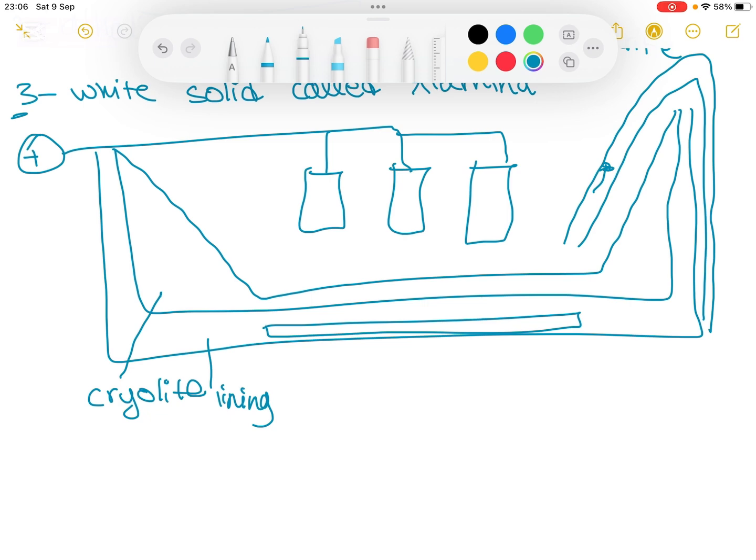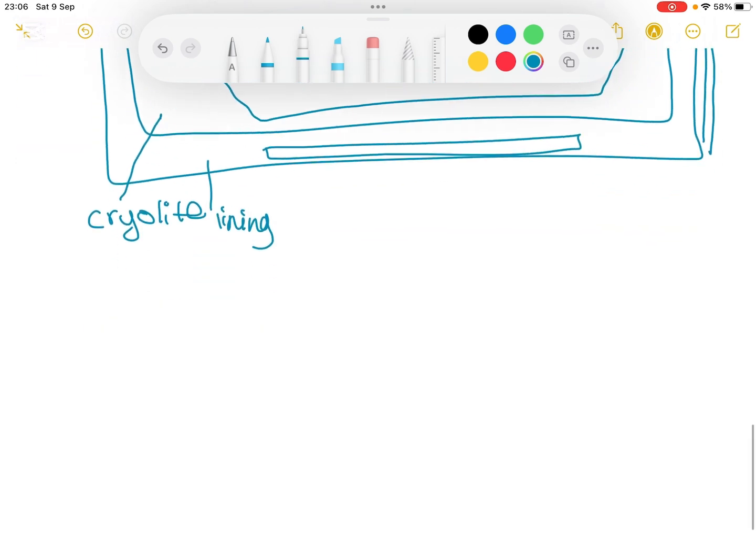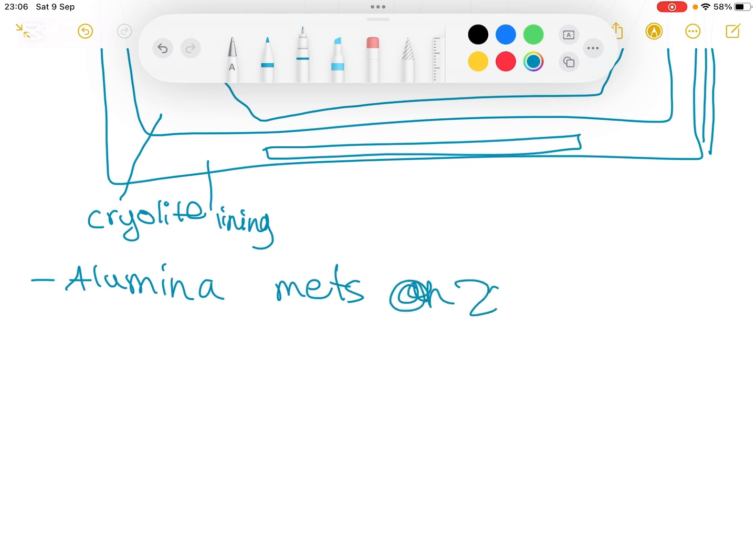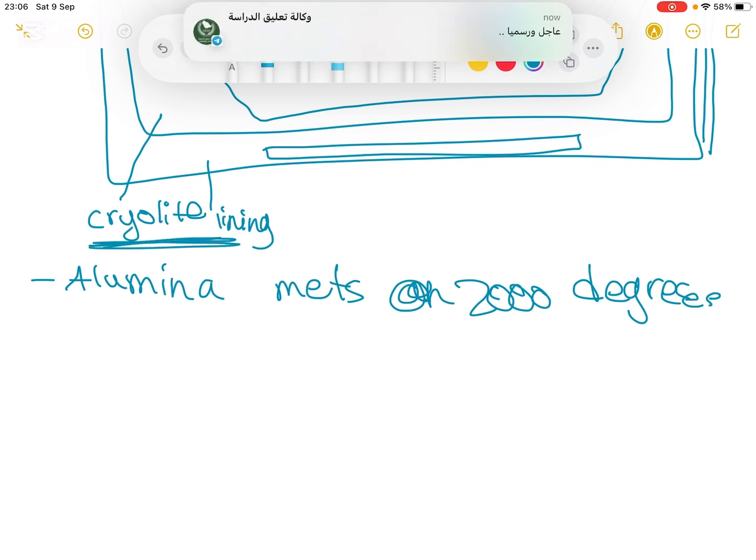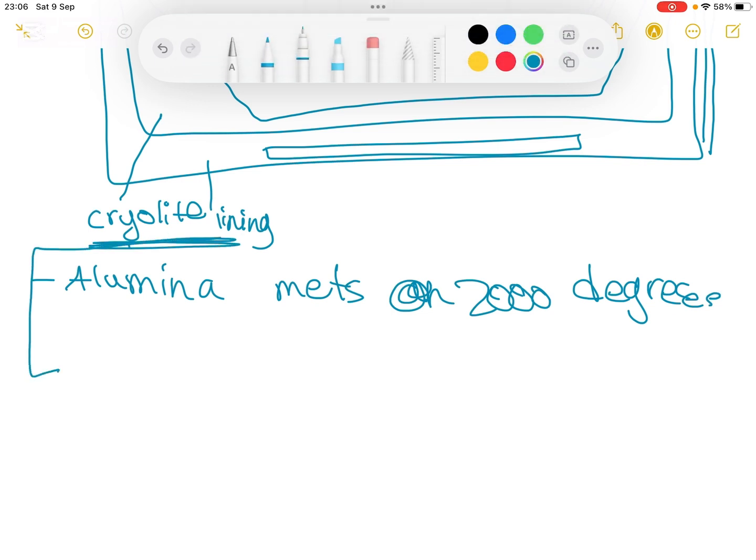The alumina melts at 2000 degrees, and that's why we have the cryolite. Why do we have the cryolite?